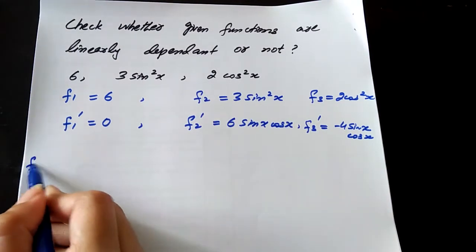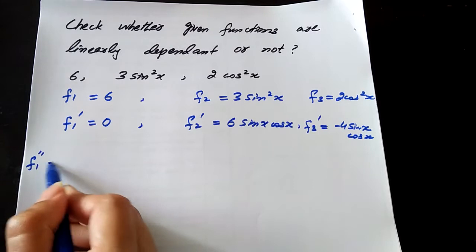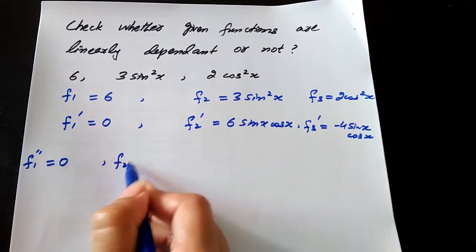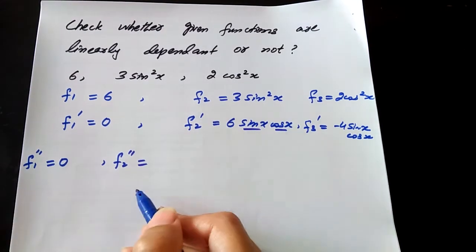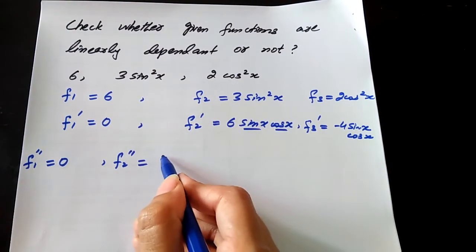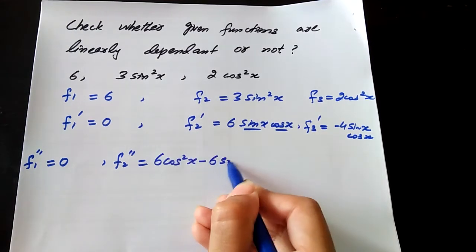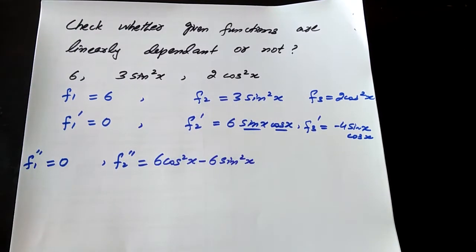So the second derivative f1 double dash will be 0 here. For the second derivative of f2, you will use the product rule. After using the product rule, you will get 6 cos square of x minus 6 sine square of x.